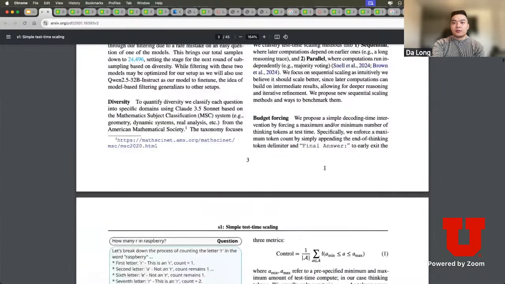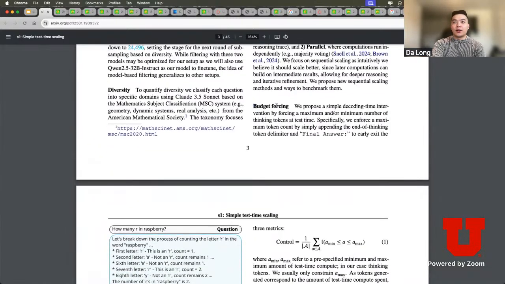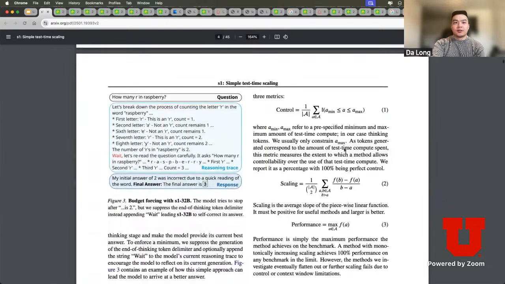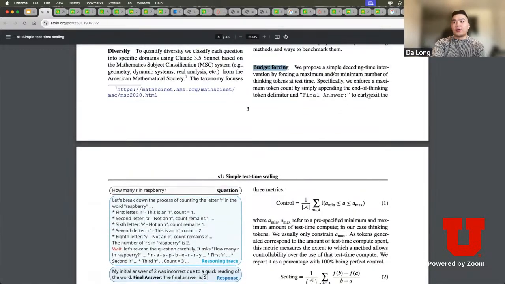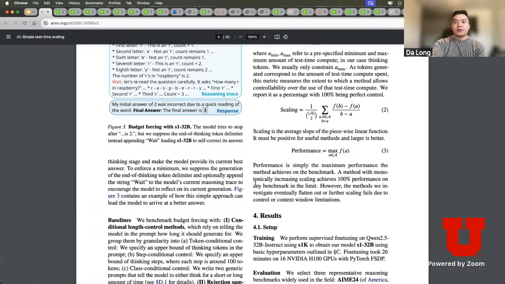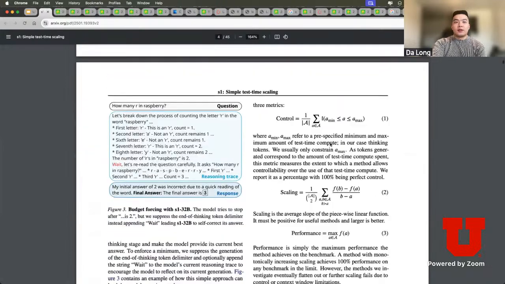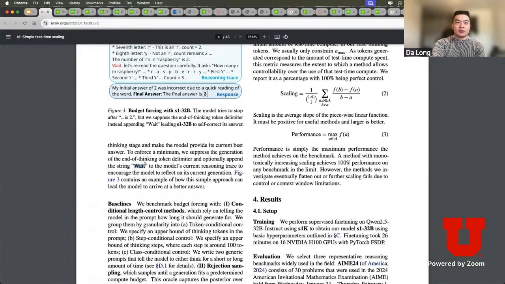One step they call budget forcing. You can imagine you want to make sure the answers have a minimum number of tokens and a maximum number of tokens. If the answer doesn't meet the minimum number of tokens, they use a wait prompt to let the model continue the reasoning.